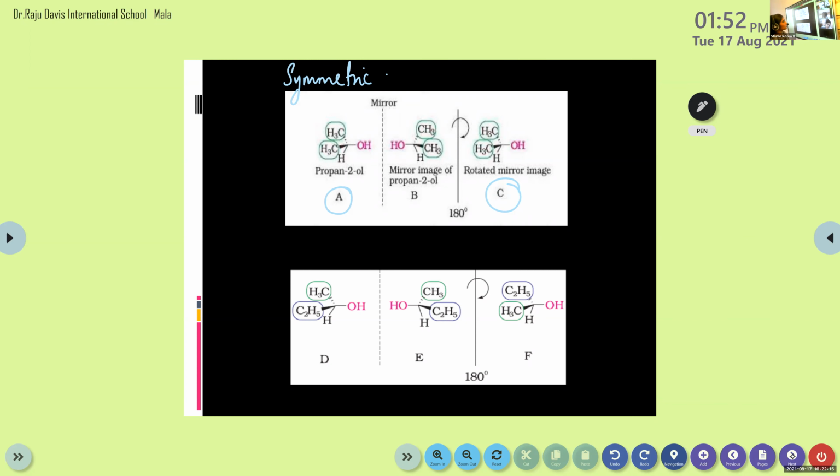Clear? Then the opposite one is superimposable. If we cannot clearly see both the compounds, that is superimposable.